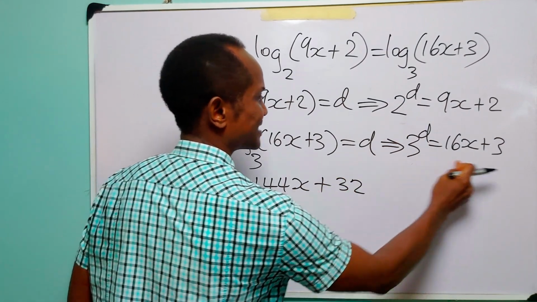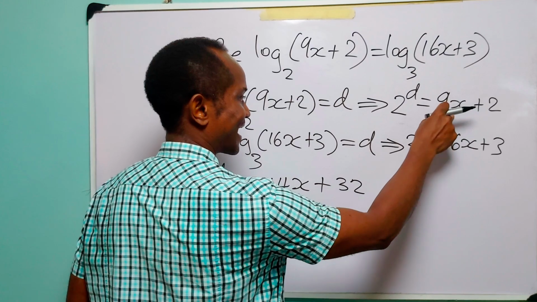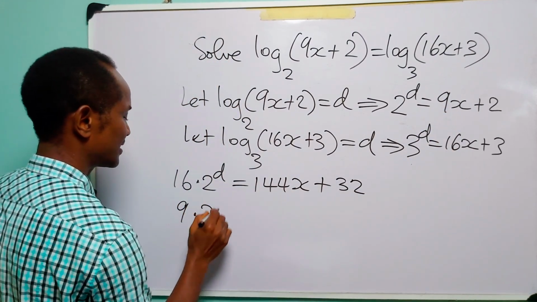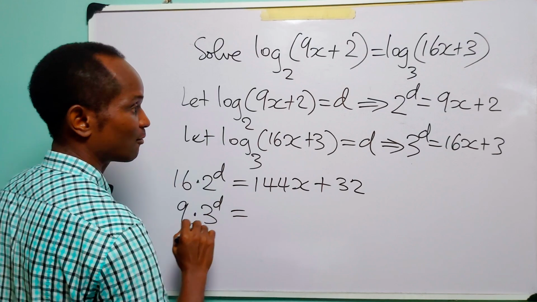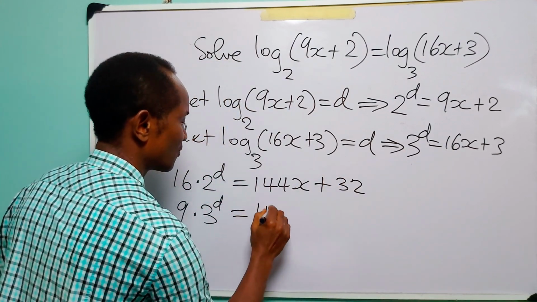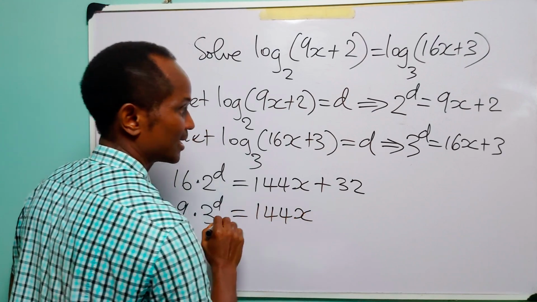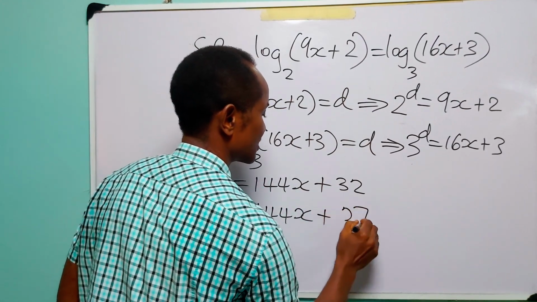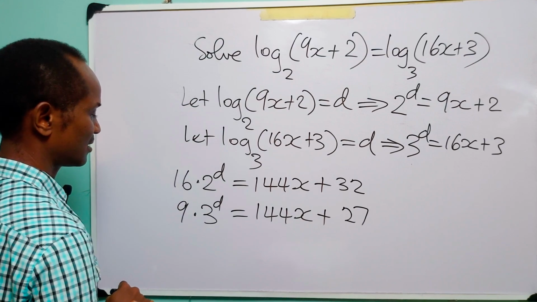And when we multiply the second equation by 9, we have that 9 times 3 to the power d is equal to 16 times 9, which is 144x, and 3 times 9 is 27.